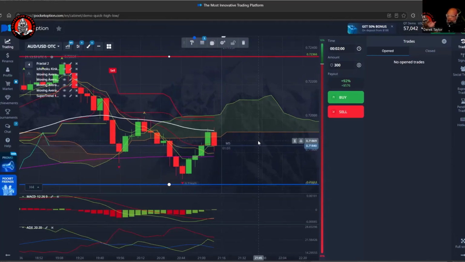I don't want to get dogged by structure, which is the other reason why I like putting my timer at 2 minutes. I like my timer at 2 minutes because it gives price time to do its thing. If I have all my boxes checked and I get into the trade, then I know I have a good chance of price staying where I need it to stay, above or below, for the next 2 minutes.